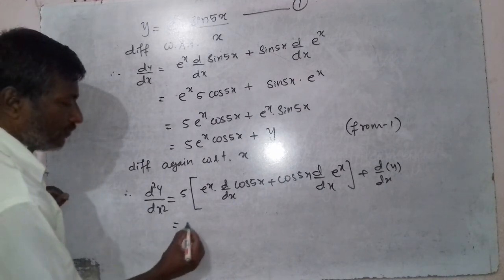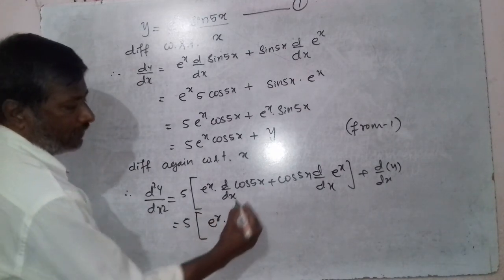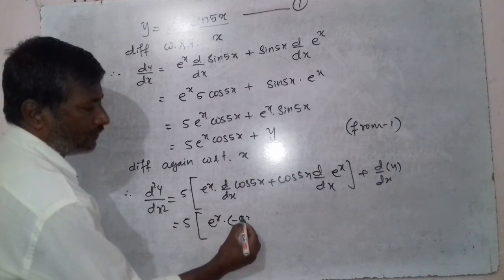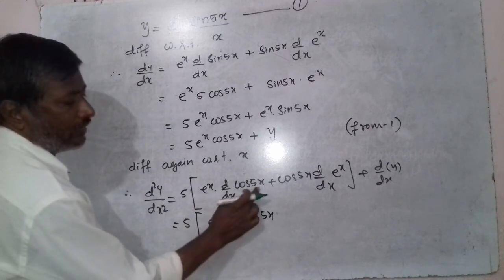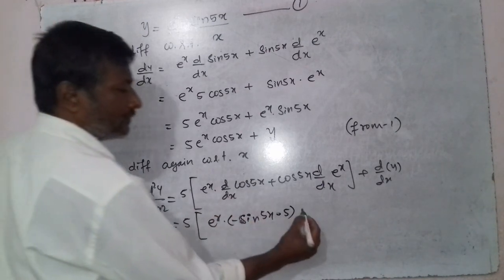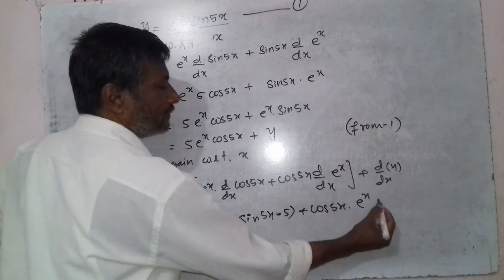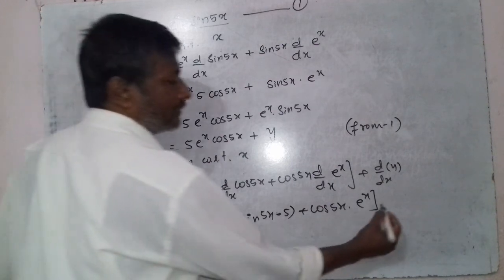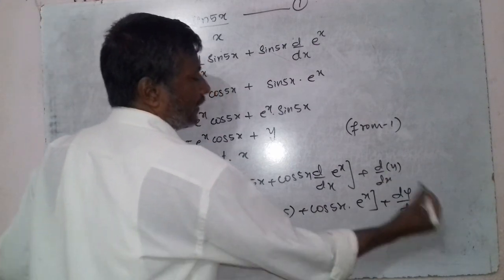So this is equal to 5 into the bracket: e raised to x cos 5x is minus sin 5x, and the derivative of 5x is 5, plus cos 5x times the derivative of e raised to x, which is e raised to x. So this is equal to dy by dx.